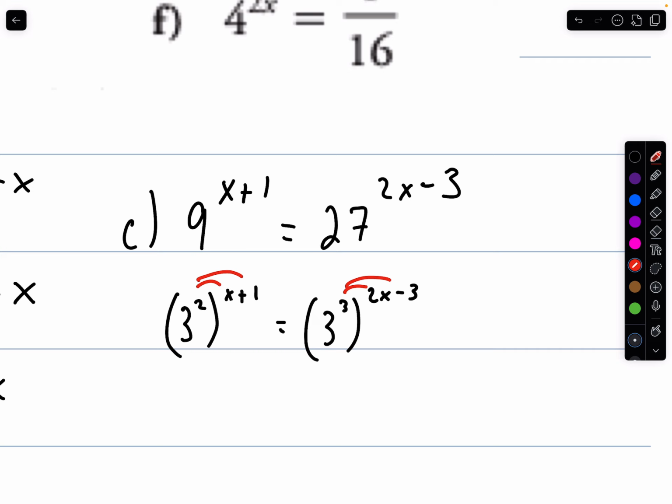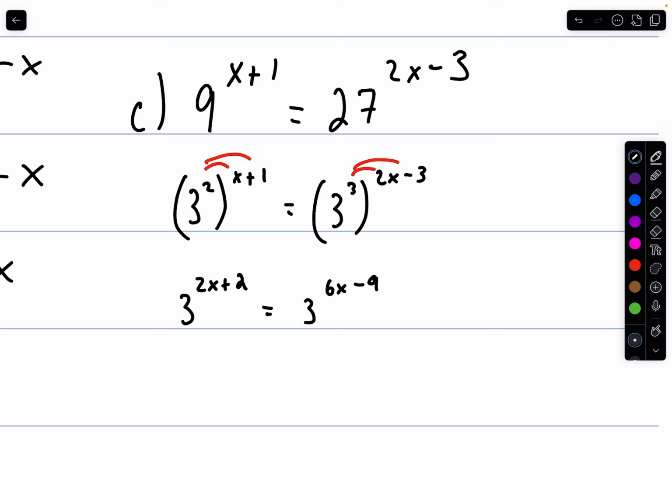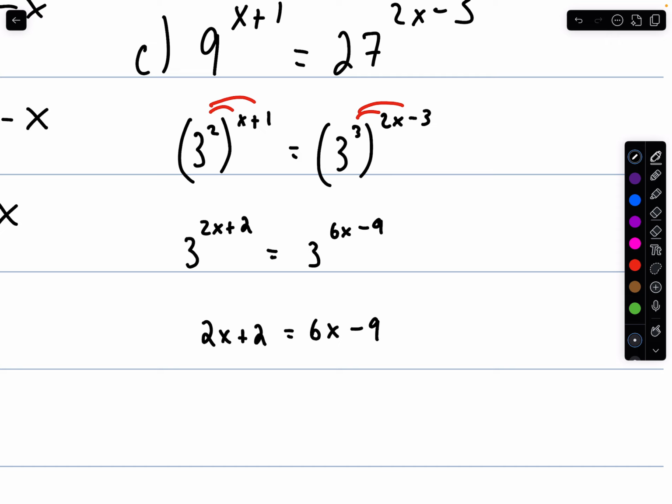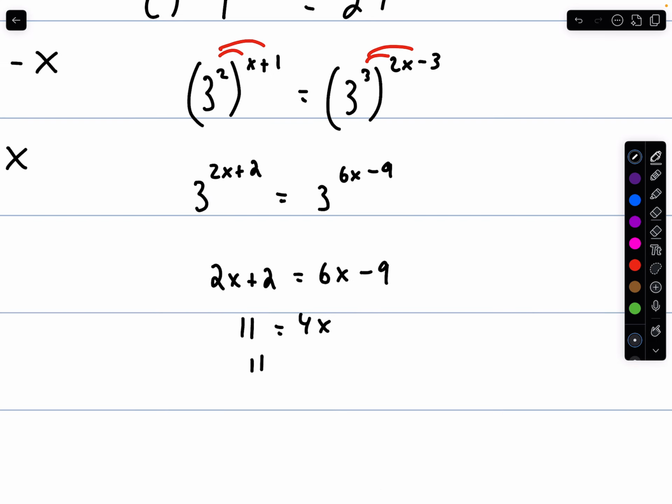So I'm going to have 3 to the 2x plus 2 and 3 to the 6x minus 9. And then from here, I can just say 2x plus 2 is equal to 6x minus 9 because we have the same base. And then the 9, I'll bring it over to the other side, so it'll be 11. And the 2x I'll bring to the other side, so it'll be 4x. And then 11 over 4 would give me my x. The rest is just algebra.